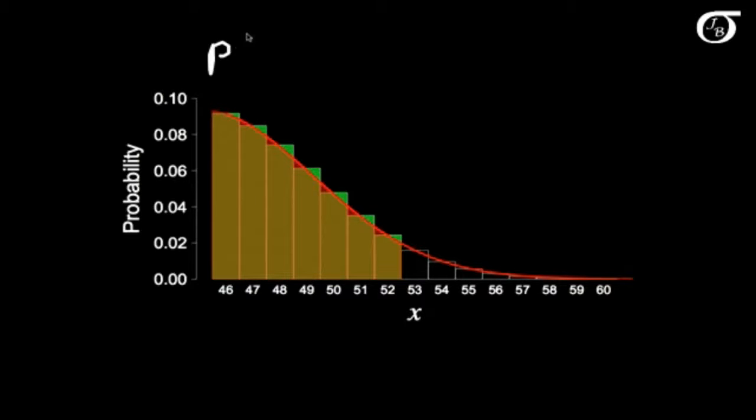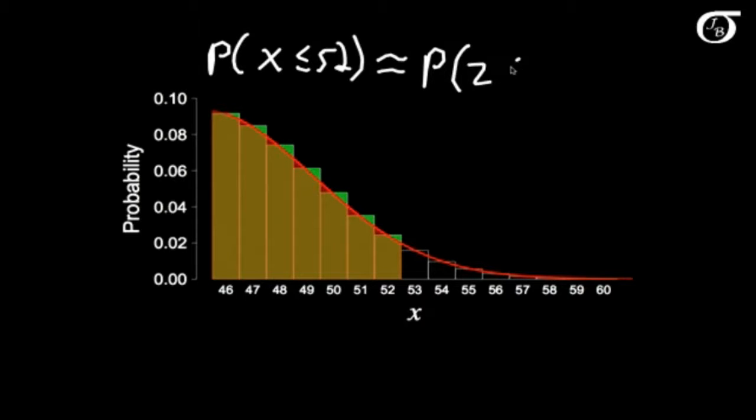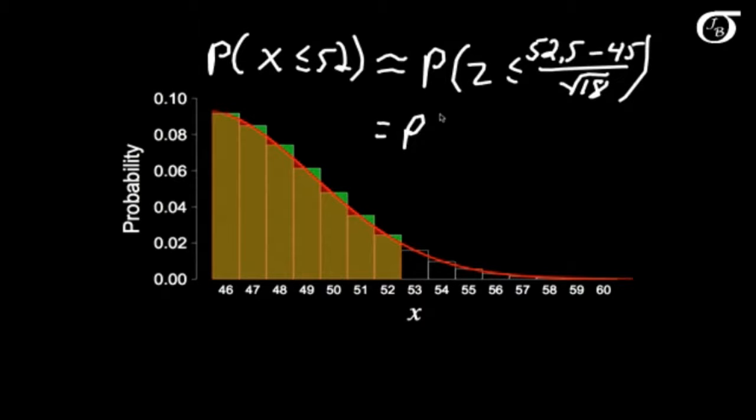That looks like it might provide us a pretty reasonable approximation. So when I want the probability that x is less than or equal to 52, that's going to be approximately, with my continuity correction, I want to include all of 52, and so I should start at 52.5. Subtract the mean, which is 45, and divide by the standard deviation. This is equal to the probability that z is less than or equal to 1.768.